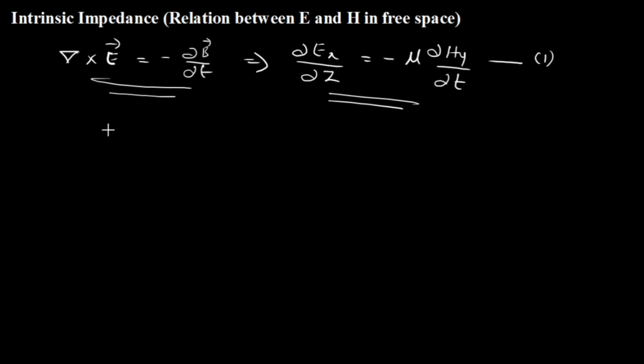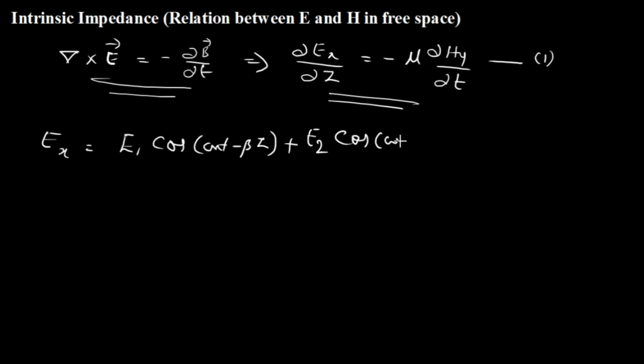Now from the propagation of the wave, from the previous video, we have Ex equals E1 cos(omega t minus beta z), which is my forward wave, and then the backward wave with magnitude E2 varying as cos(omega t plus beta z).